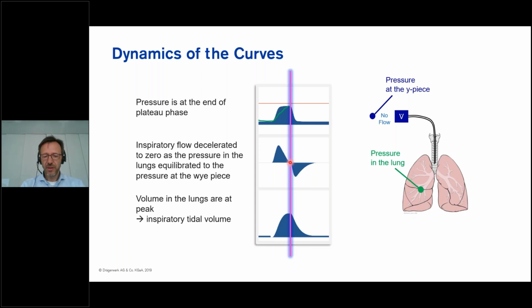And if we think in the opposite direction, we can simply say that if we see a 0 flow, then we can be sure that the pressure we see at the airway opening is the same as in the lung. Because otherwise we would see flow going into the lung or coming out of the lung.